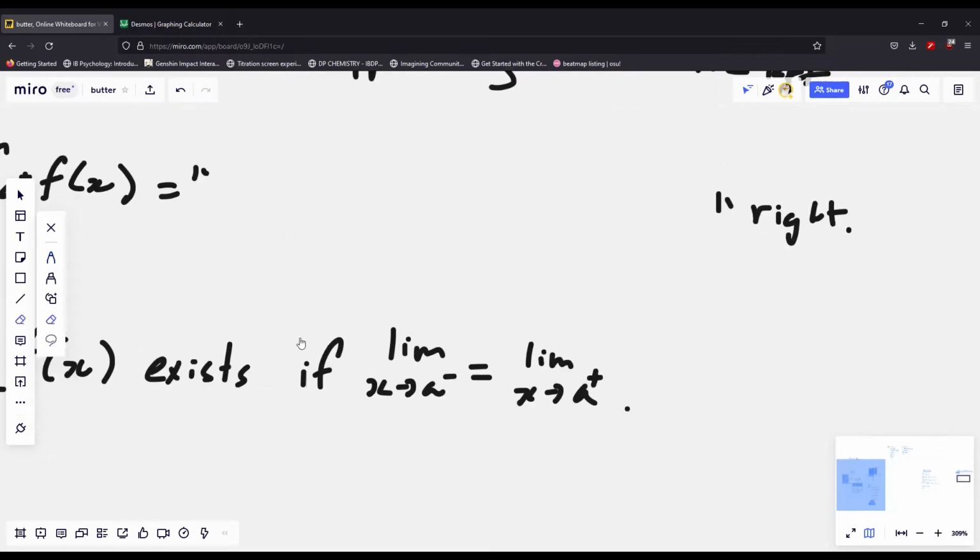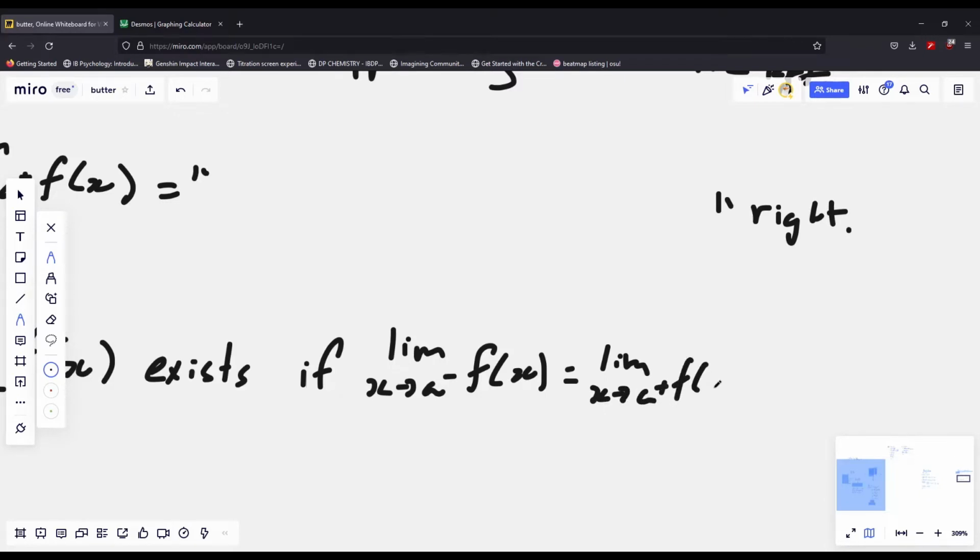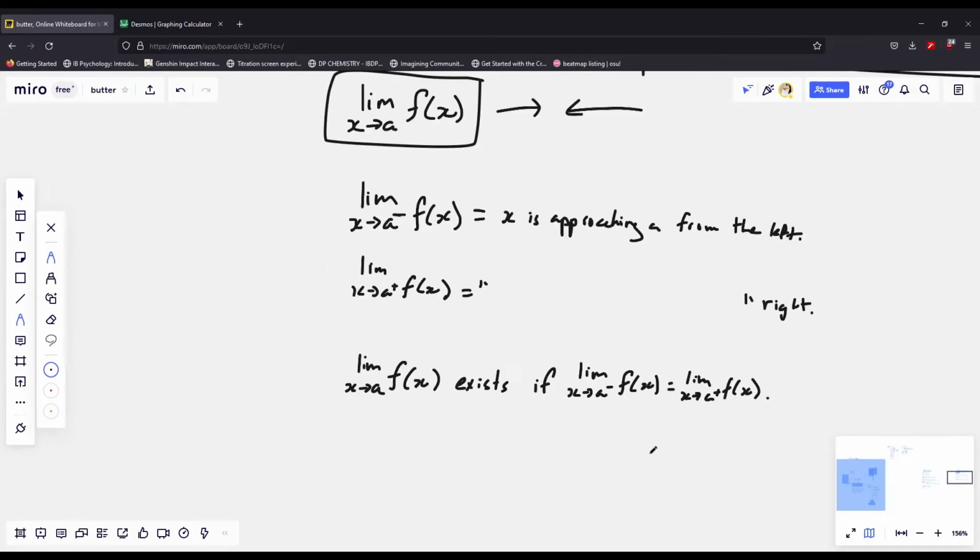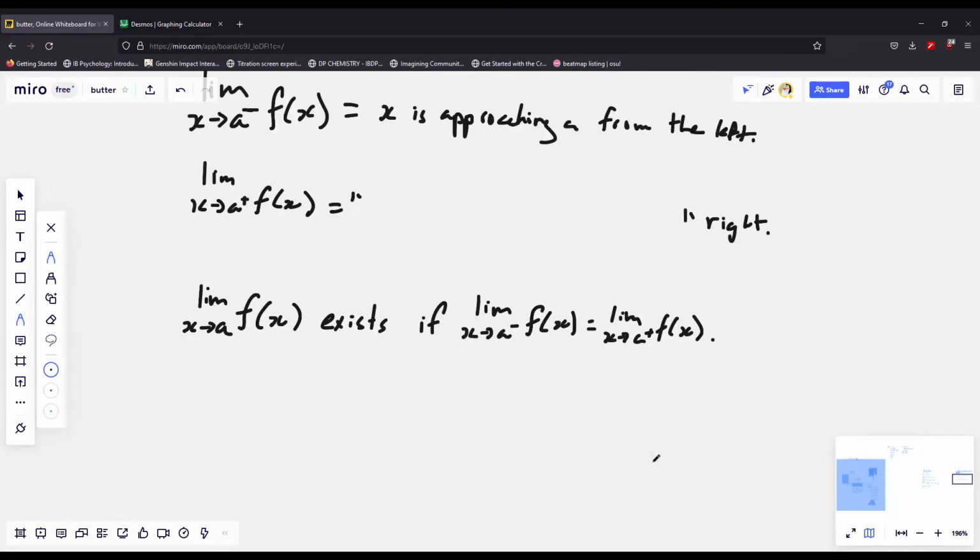Here I've forgotten to add my f of x's, so let me put those in, equal to the limit as x approaches a from the positive side of f of x. This makes sense. We can say a limit exists if it doesn't matter which side we approach it from. It could come from the left side, it could come from the right side. Either way we'll get the same answer. That's a reasonably good definition: if these conditions are met, then it exists.